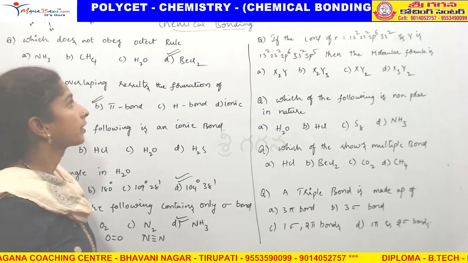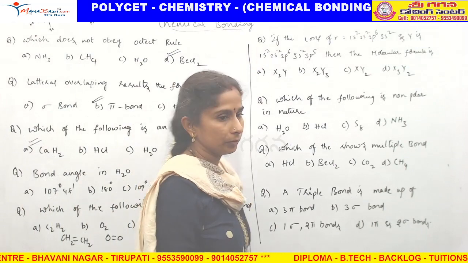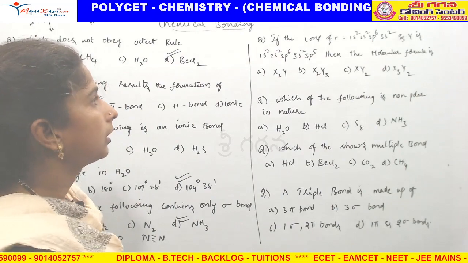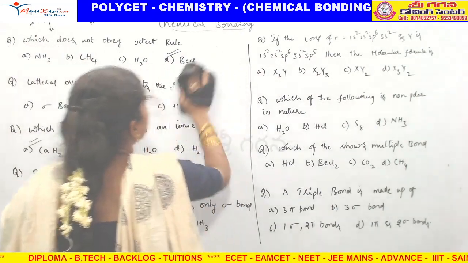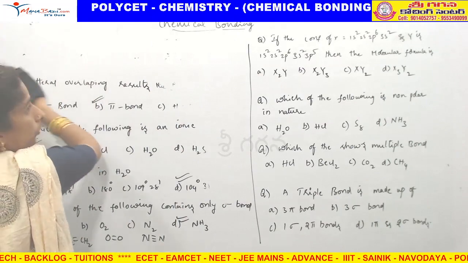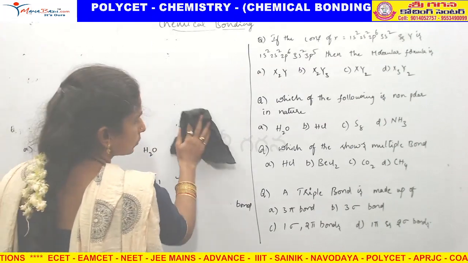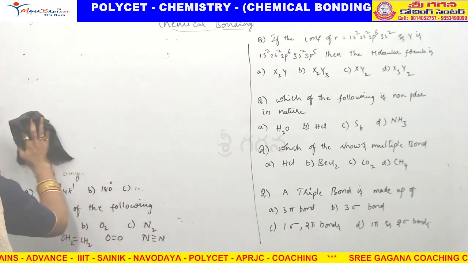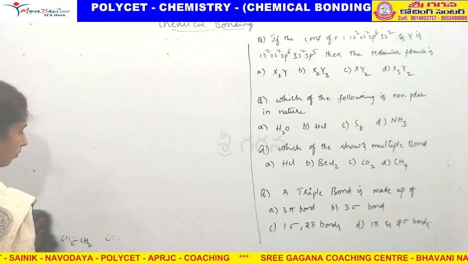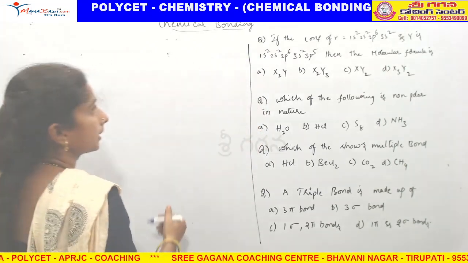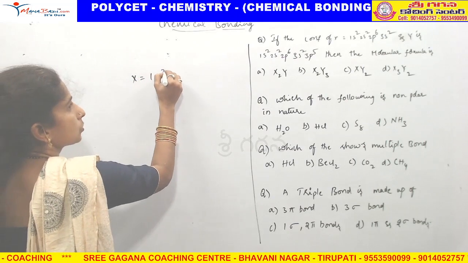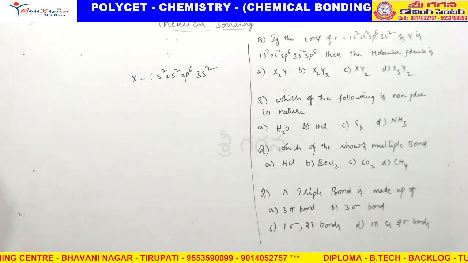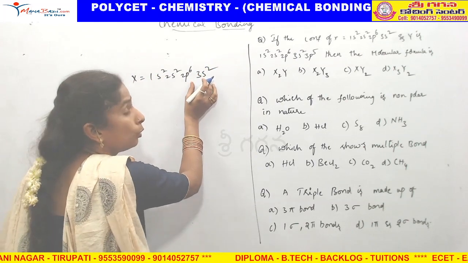After that, here one very important thing is there. If you observe X and Y, they have given two elements X and Y and their configurations. What is the molecular formula they are going to form? For example, X with the configuration 1s2, 2s2, 2p6, 3s2. To get the octet configuration, it is easy to lose 2 electrons.